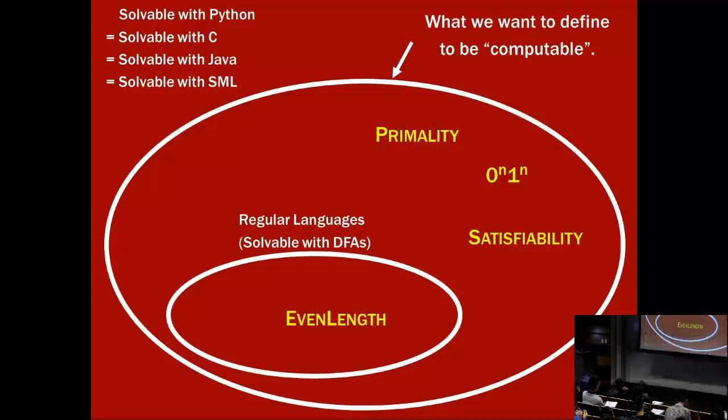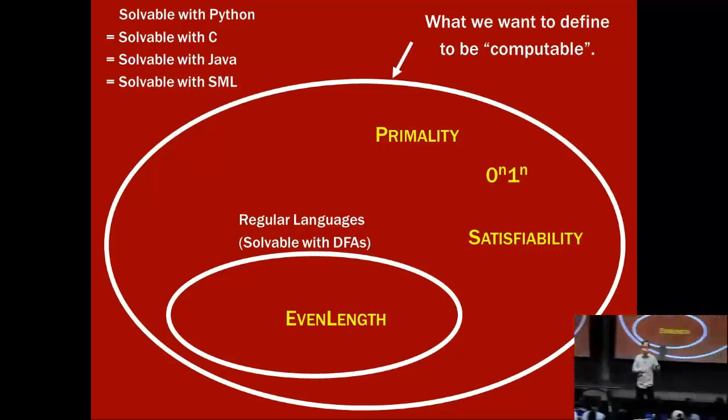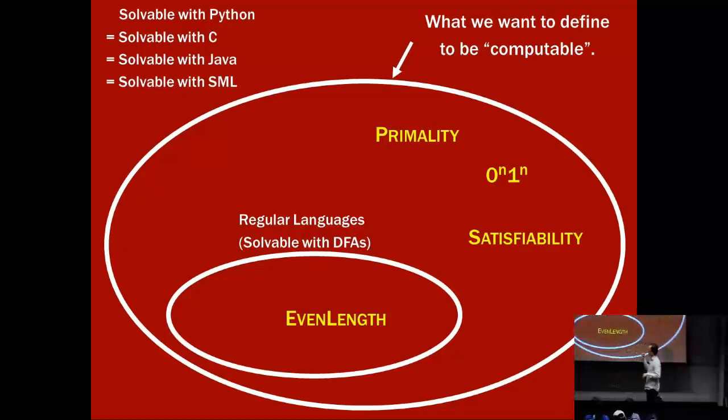This is a very natural set of languages or decision problems. And we'd really like to find a really good definition that encapsulates it. We want to define this to be the set of problems that can be solved by algorithms. We have an intuitive or somewhat unsatisfactory definition, but we want to come to a really satisfactory definition. Any questions so far?